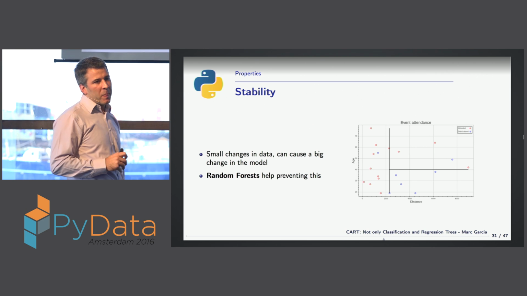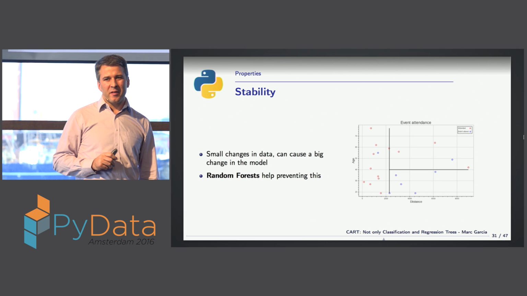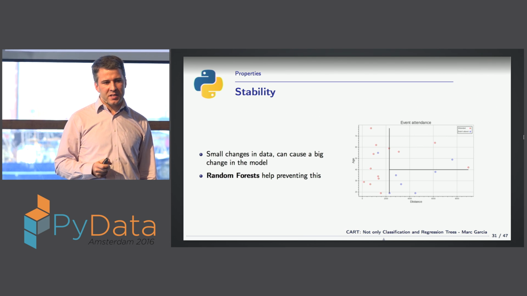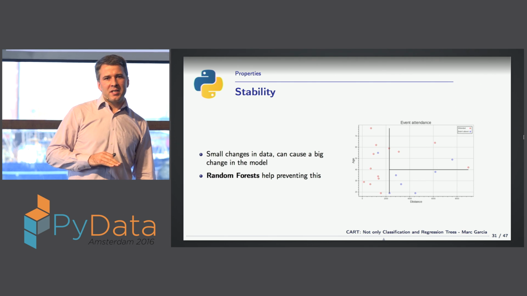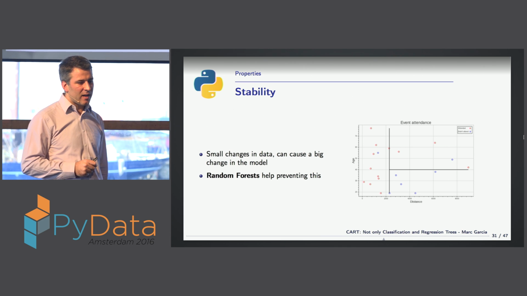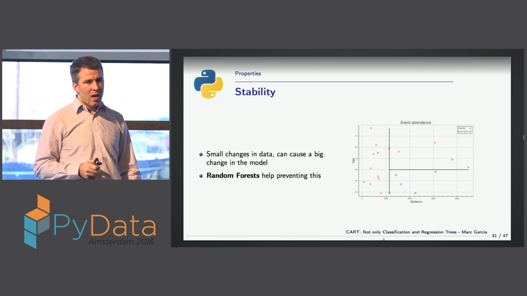Regarding stability, if we have a linear model like a logistic regression and we start changing a few elements, the chances that we end up with a really different model are not high. The model will be affected, but just in a small way.